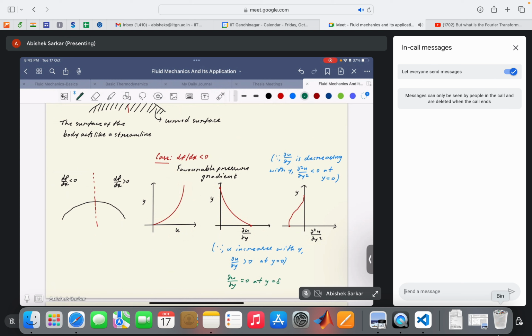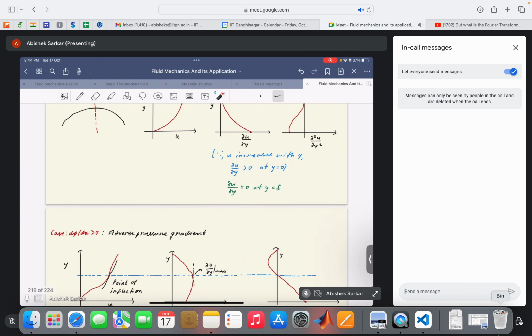Then consequently, you can see from this diagram that since ∂u/∂y, or the velocity gradient, is decreasing as we go up in the positive y direction, ∂²u/∂y² will be negative at y equal to 0, and consequently will be equal to 0 once one approaches y equal to delta. Okay, so I hope it is clear.